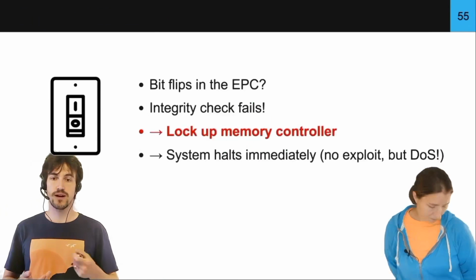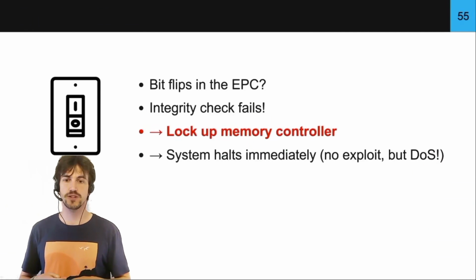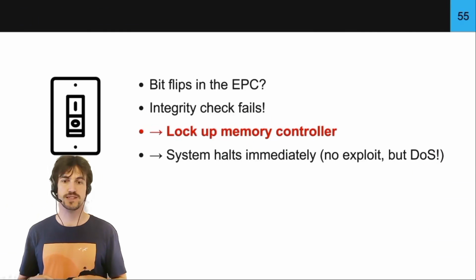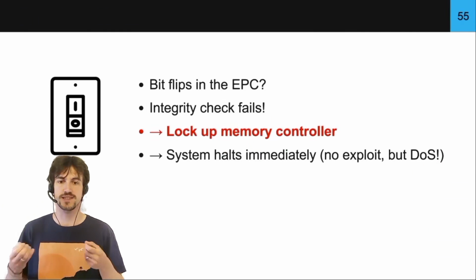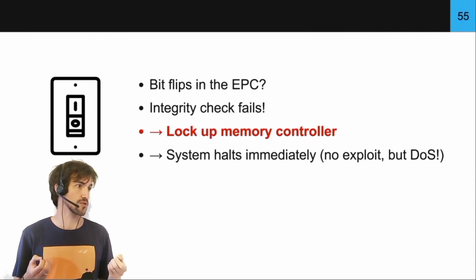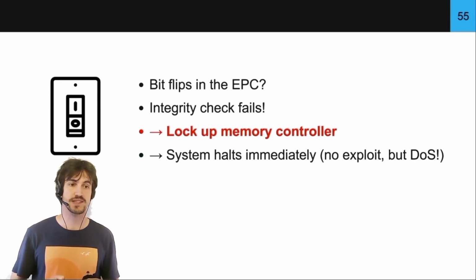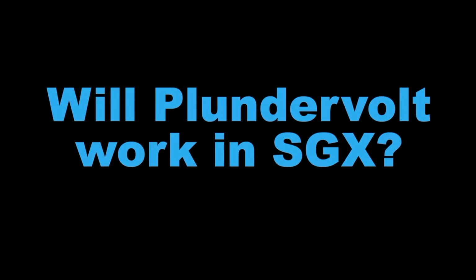If you inject a bit flip in enclave memory, say with Rowhammer, you will basically crash the system. You lock the memory controller and the system halts. So that's like a denial of service attack, but you cannot do much more with that. So you cannot flip bits inside enclave memory with Rowhammer. You're saying that Rowhammer didn't work.